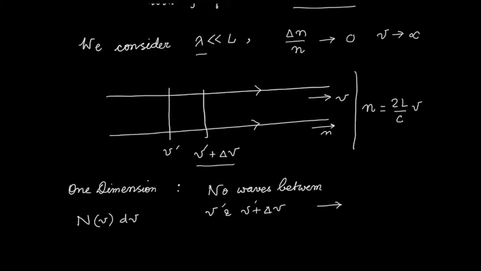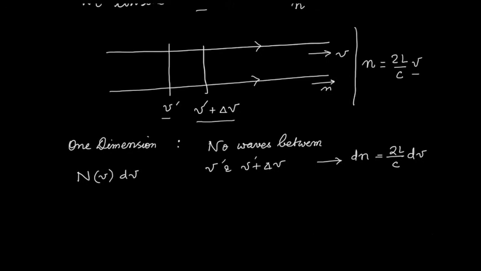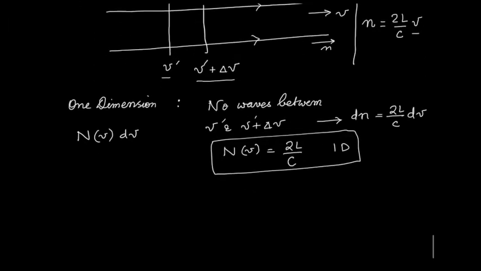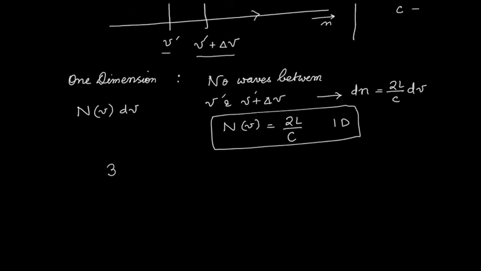And you can easily see that in one case I have to write nu prime plus delta nu in place of nu and subtract from there by writing nu prime. So this will be nothing but d, if I write it as d, and differential is 2l by c d nu. Okay, so this quantity n nu, in this particular case, is essentially 2l by c. Okay, so this is in one dimensional only, in 1D.